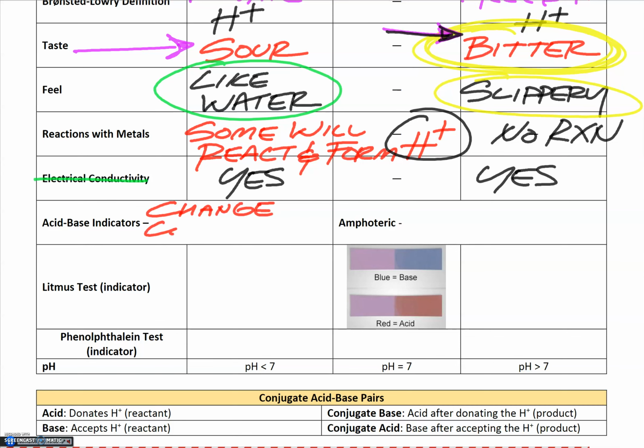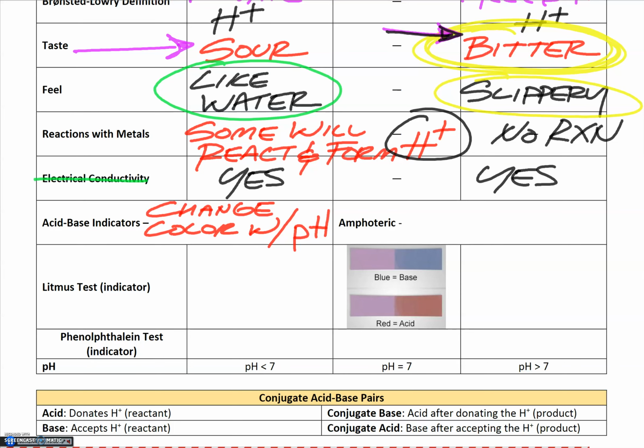That can be problematic if it doesn't have a lot of different colors. Some acid-base indicators are very specific and only have a small range. Some of them have a broad range, like a universal indicator that can do tons of pHs. It just depends on your indicator as to what pHs it's going to give you. Examples are universal indicator, the cabbage juice, the litmus paper, phenolphthalein. There's just tons of them.